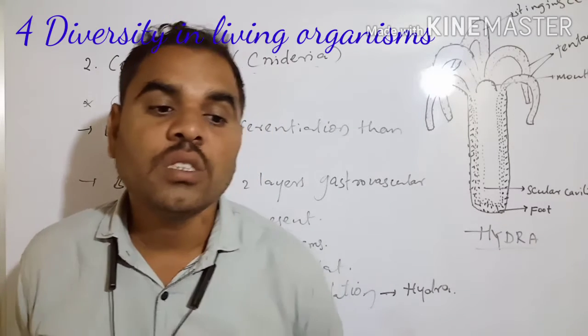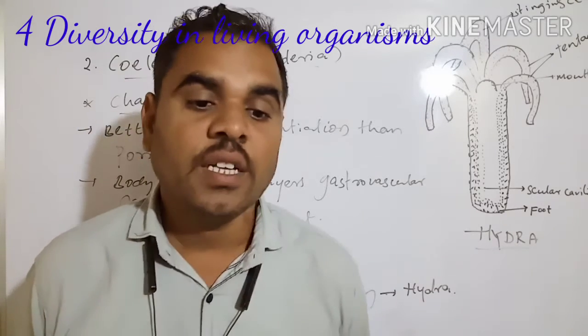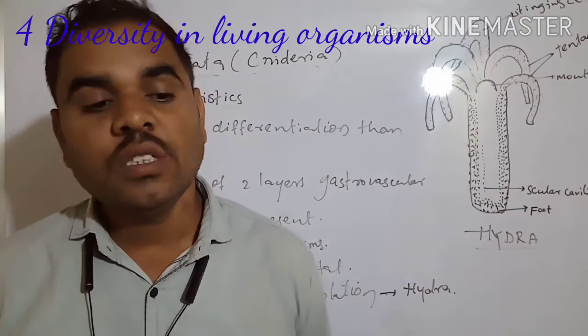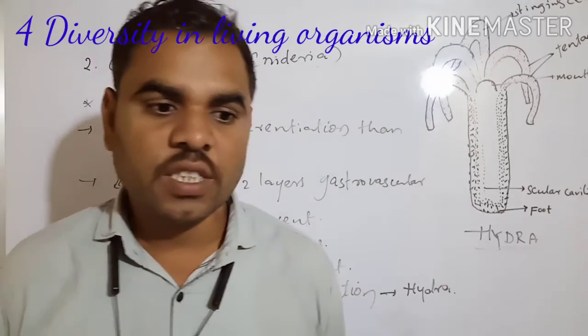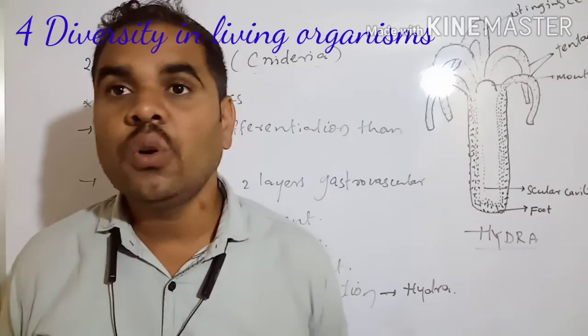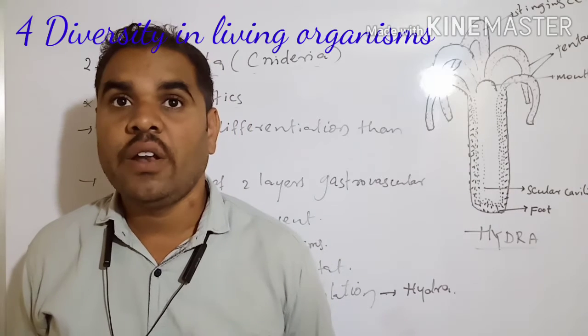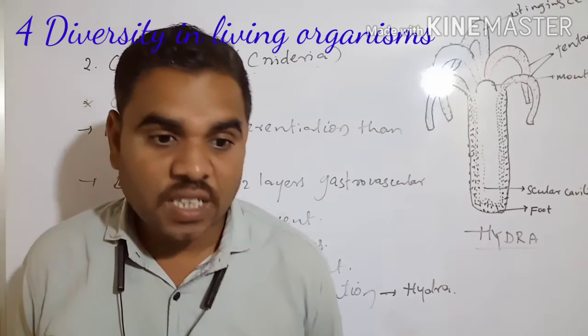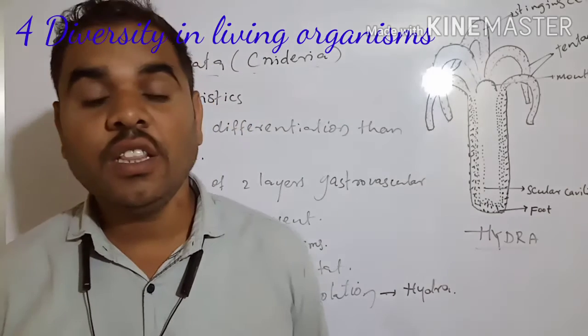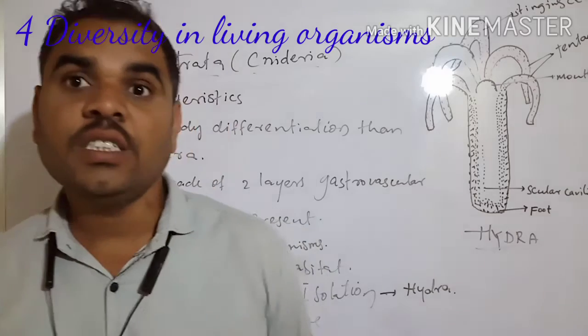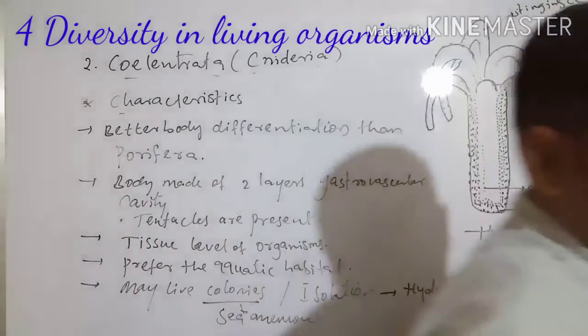Next, corals live in colonies, and sea anemone too. These are some examples. Totally, about 9,000 species exist in this phylum.